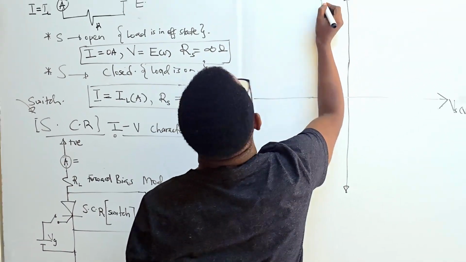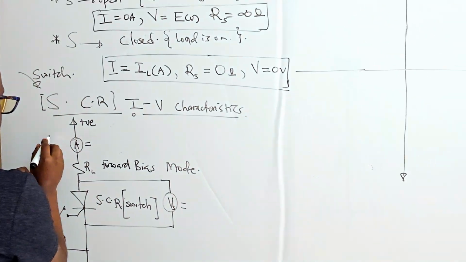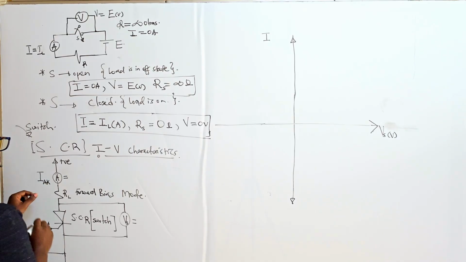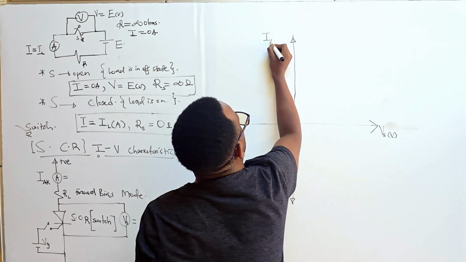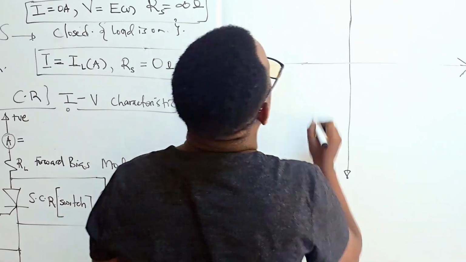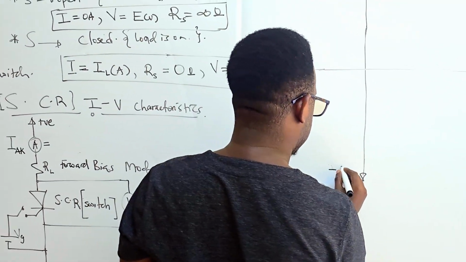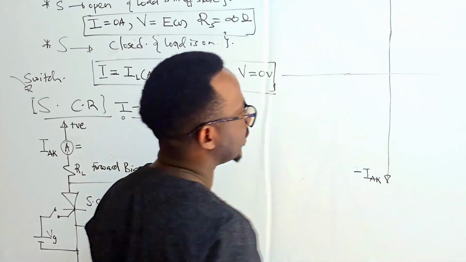Let's call this parameter IAK, current through the anode and cathode. That's the positive part of the axis, that's the negative IAK axis, right?